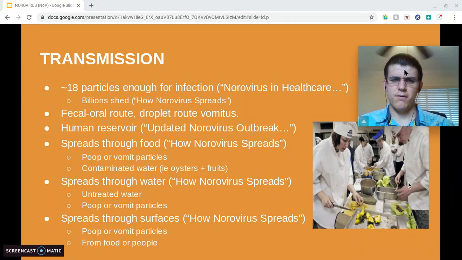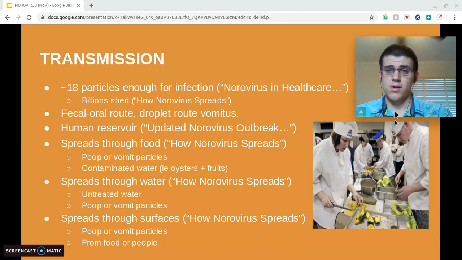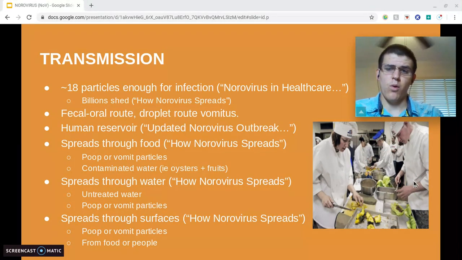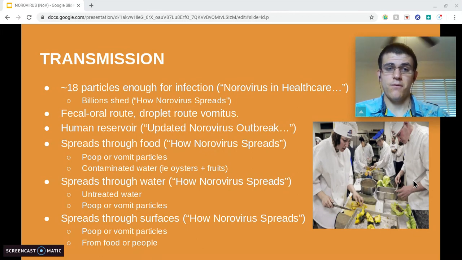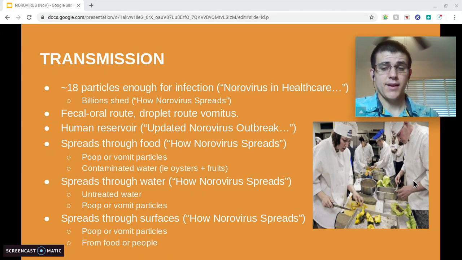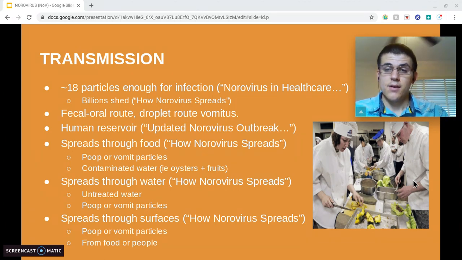So the transmission of this virus usually happens through the fecal-oral route, kind of like polio that we talked about before, in droplets of vomit and feces. If that gets through your oral mucosa, you're going to get the disease.